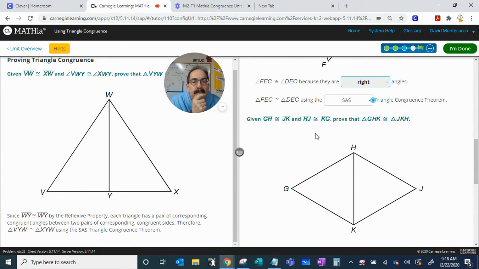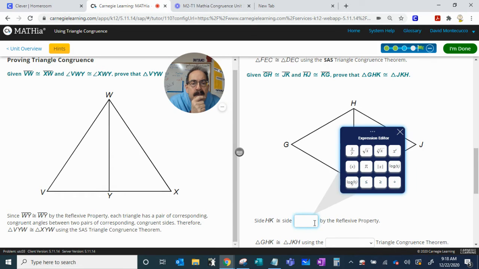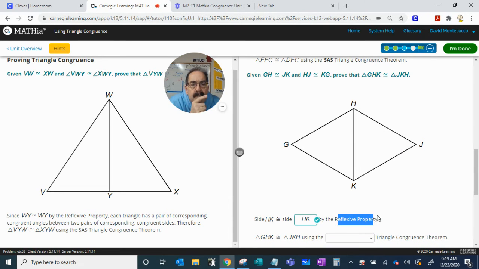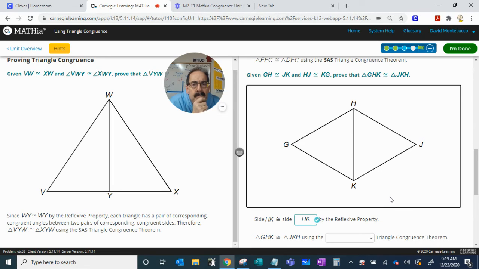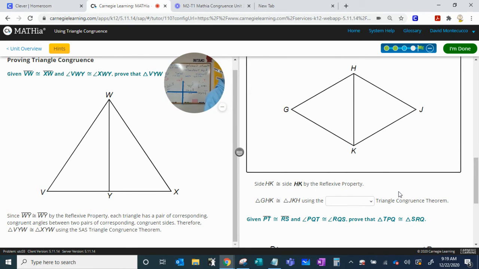Side, angle, side. Okay. Now, HK is equal to HK. Capital HK. We got to memorize reflexive property, perpendicular bisector.